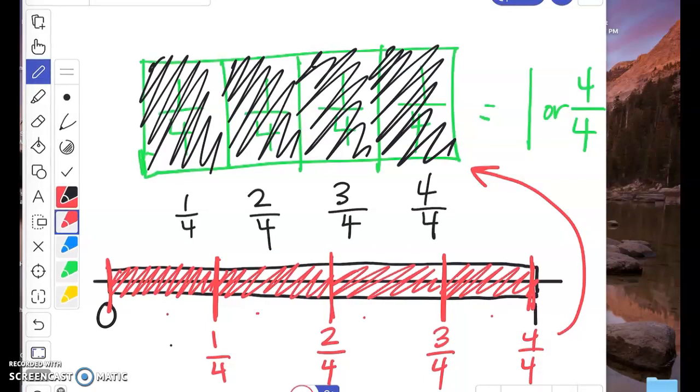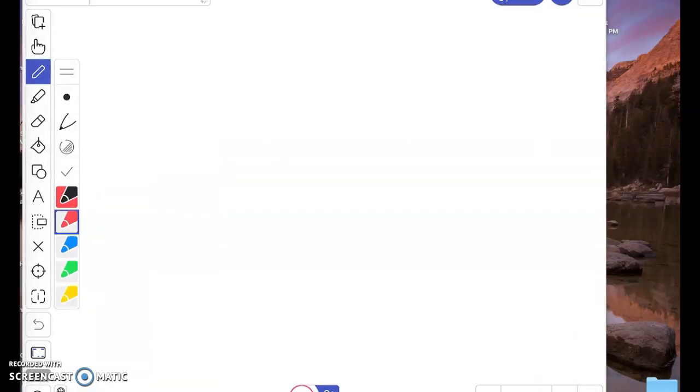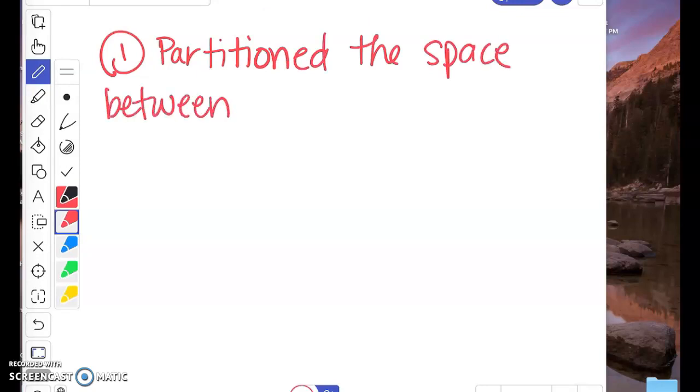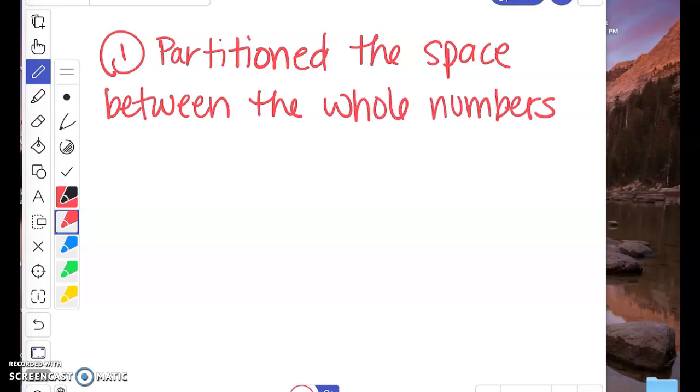So very quickly, let's remember the steps I took. First, I partitioned, that is not how you spell partition, Mrs. Shock. Partitioned the space between the whole numbers. I hope you're writing this. Into blank equal parts.